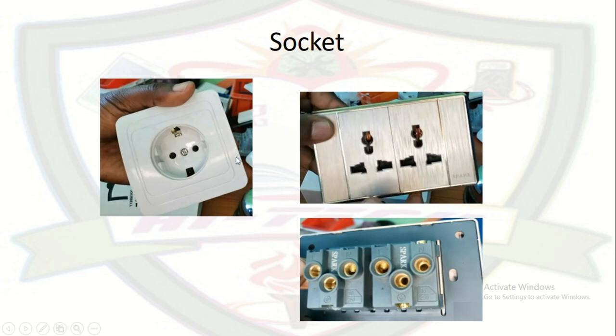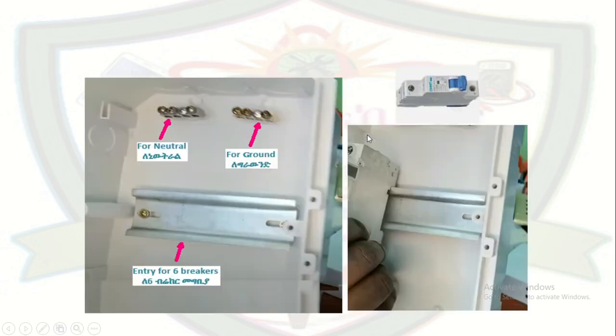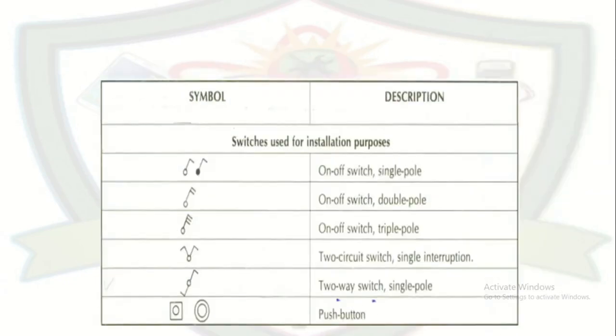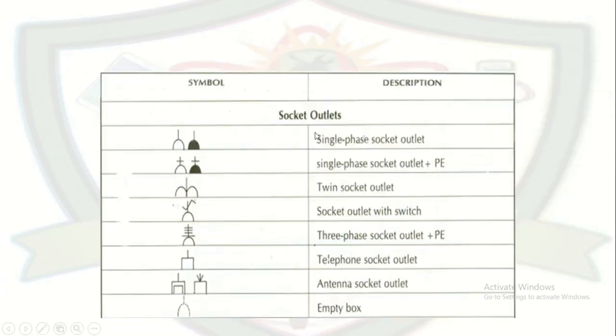This is socket. Okay, this is normally a double socket. This is a single socket. This socket differs from this one by the additional protectioners. This one is for protectioners. When we differentiate here, this is single phase socket, just 2 holes.